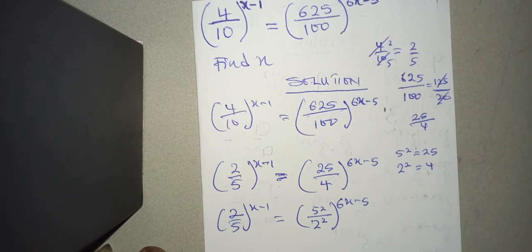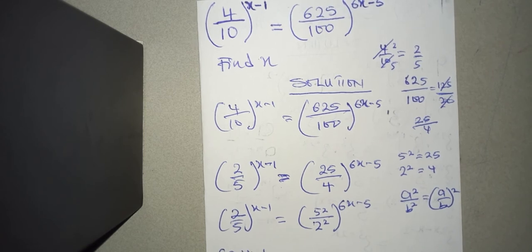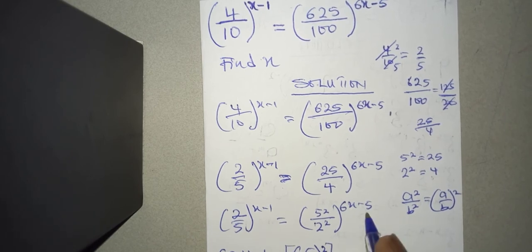Now remember this: when you have a squared divided by b squared, it is the same as (a/b) squared. We can do the same thing here, so that (2/5)^(s-1) = (5/2) all squared, then we'll put this whole thing there, 6s minus 5.